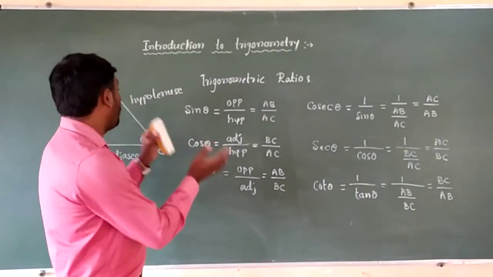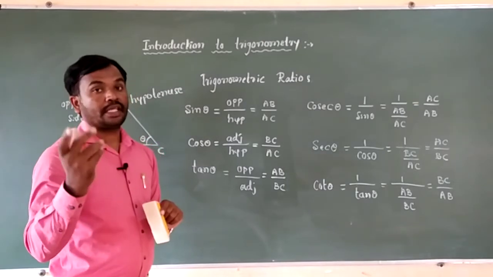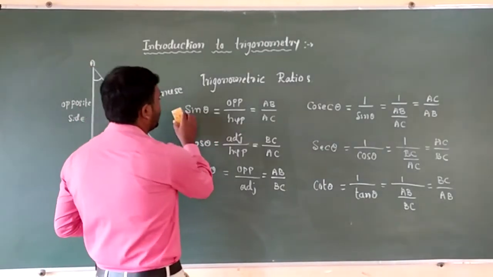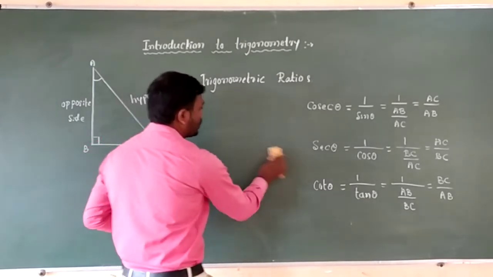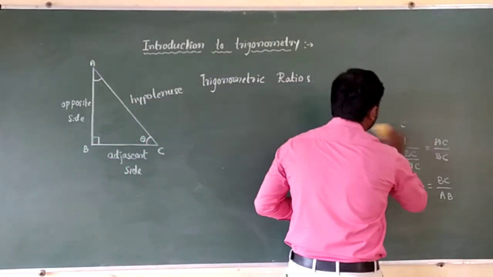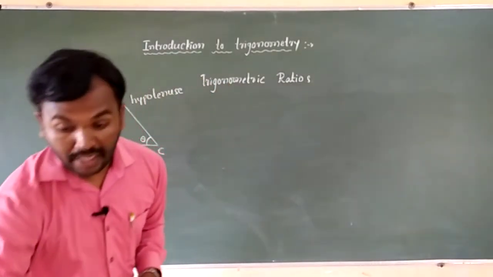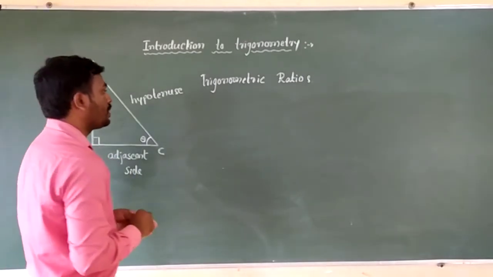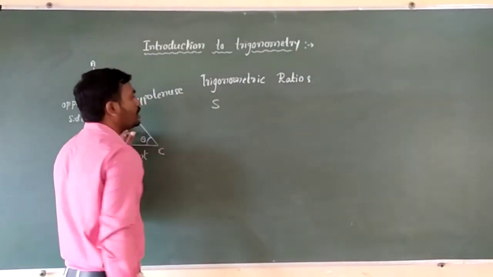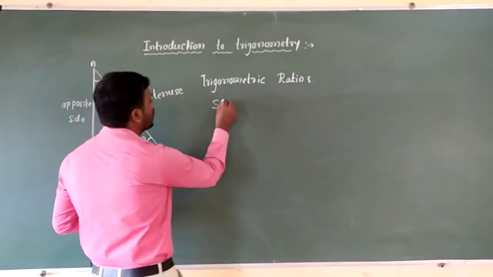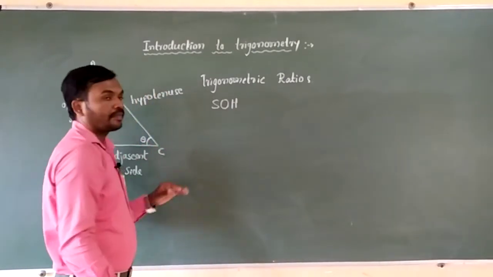This is the theory. How to write these by using tricks? Let us see that one. Here are the tricks to write all 6 trigonometric ratios. Here a simple trick is there. Without using a triangle, we can write the 6 trigonometric ratios. That is, sin theta, we know that it is opposite divided by hypotenuse.